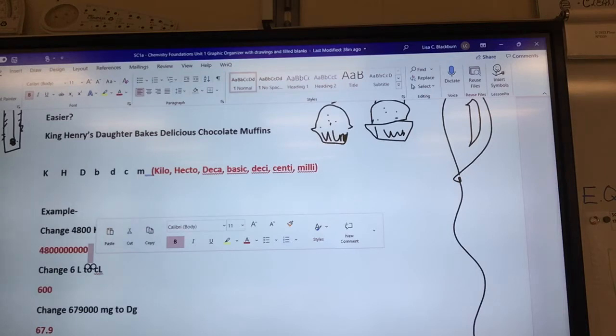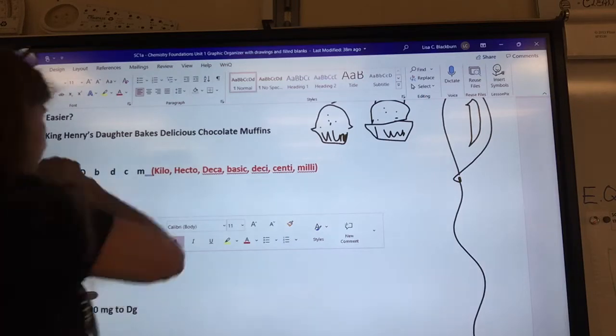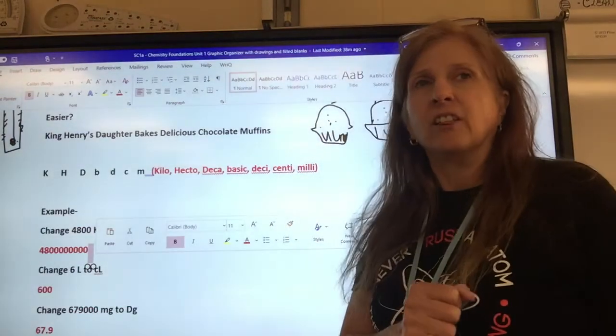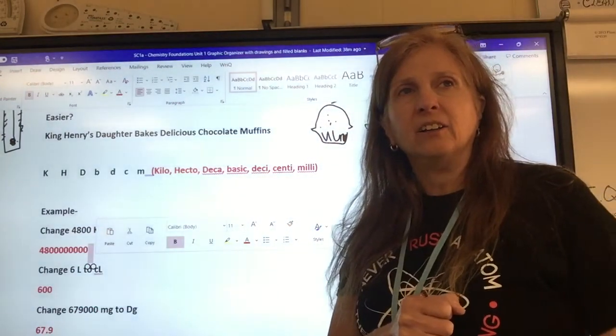So this time I'm going from basic to centi. It's 2 frog hops that way. So I had 6. I do 2 frog hops, 1, 2. I add the zeros, and it's 600 centiliters. How do you feel about that?